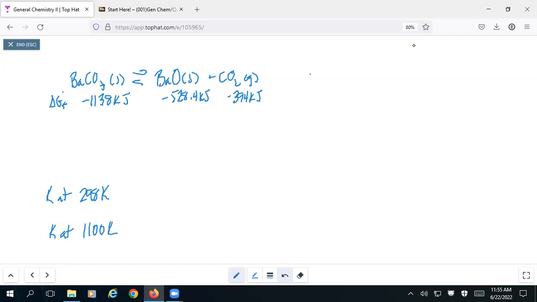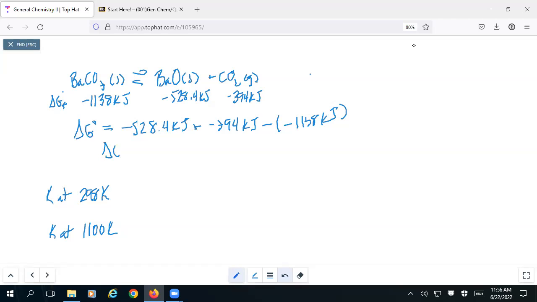So to get delta G at standard conditions, because that's what this is ultimately asking us for, we are going to need the products, so negative 528.4 kilojoules plus negative 394 kilojoules, minus the reactant, negative 1138 kilojoules.